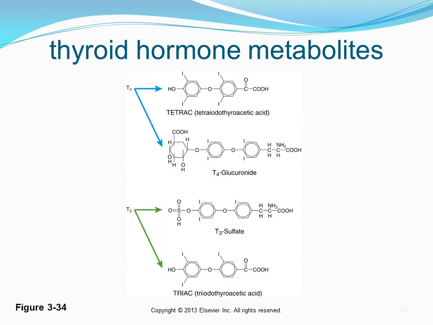I do want to talk briefly about what happens to the thyroid hormones once they've been used or no longer needed in the body. And one thing, I mentioned the RT3, that is a metabolite of T4 that is more quickly removed from the body than the regular T3.